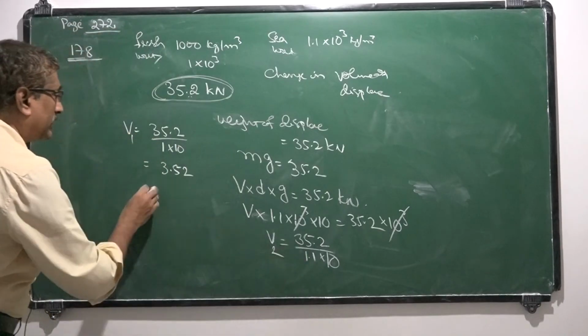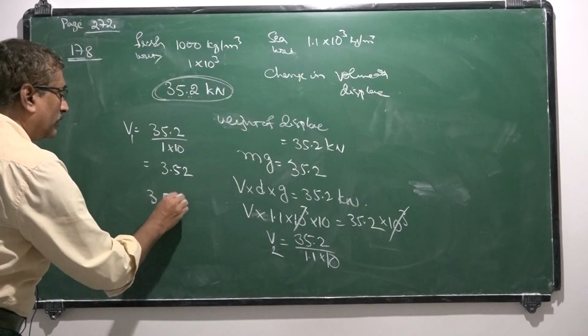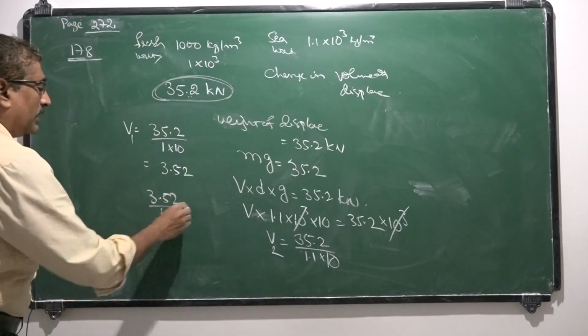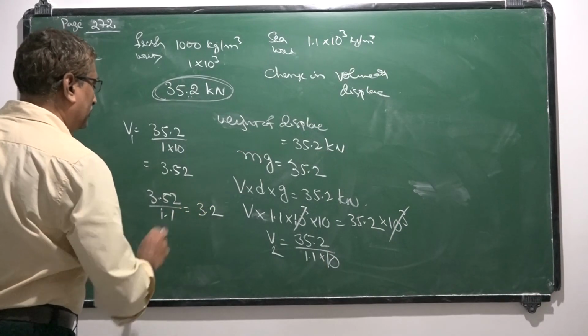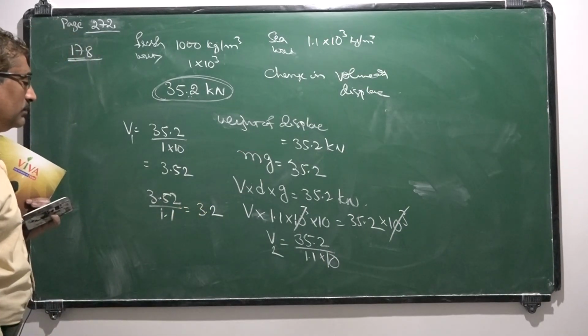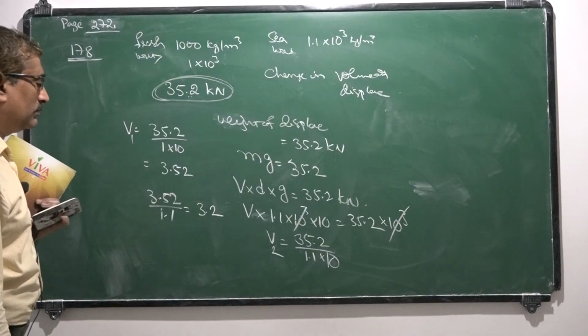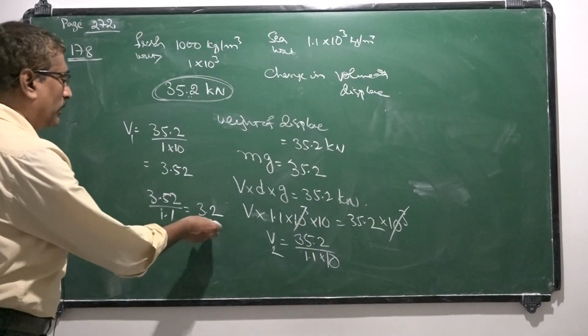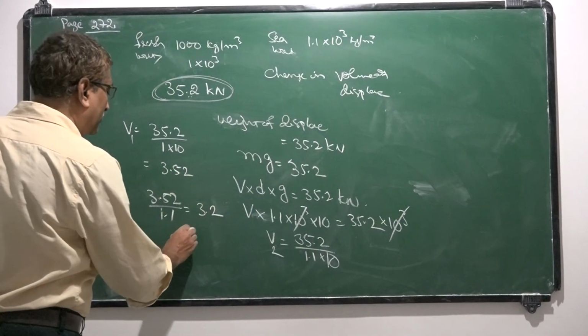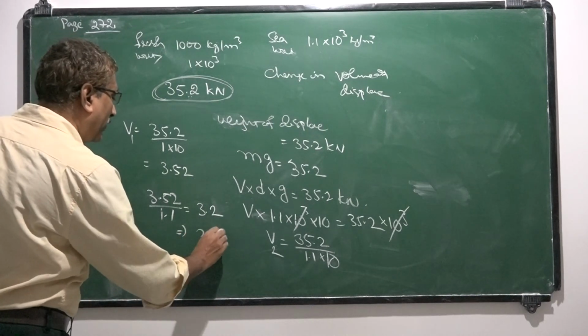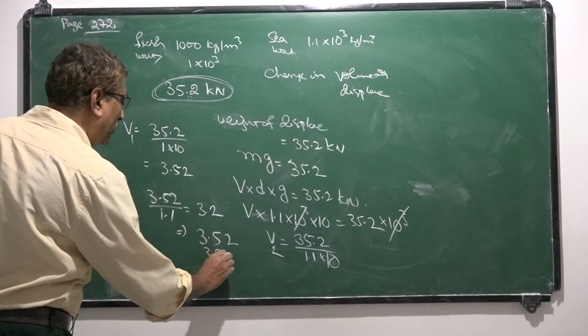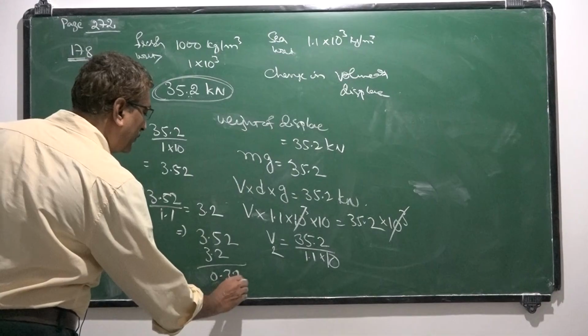Here this one is 3.52 by 1.1, that is 3.2. Okay, 3.2. Now the change is 3.52 minus 3.2. That is 0.32.